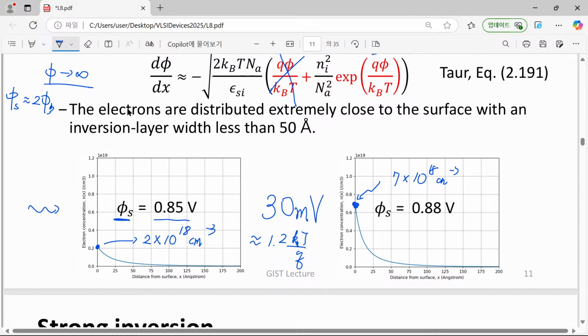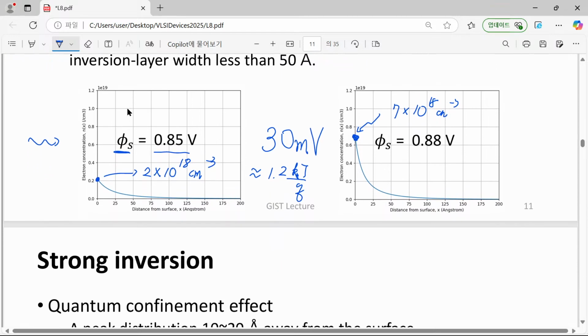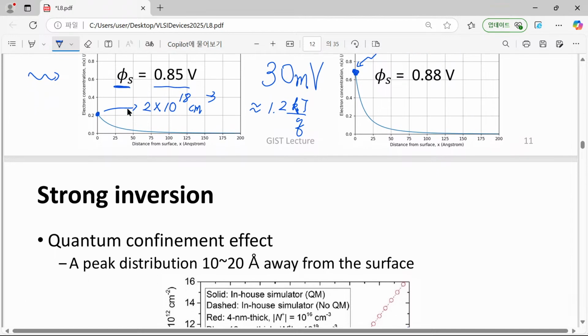So all the additional applied gate voltage is applied to your oxide layer, because please allow me to make an analogy. There are two guys, and they are bound together, and they have to move together.